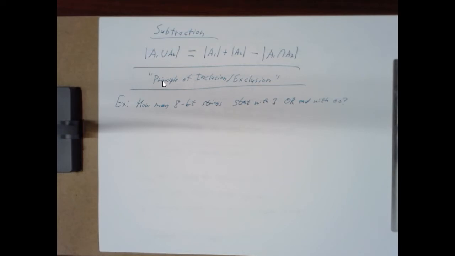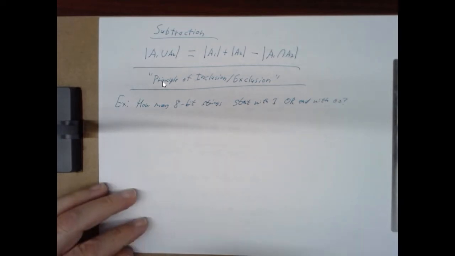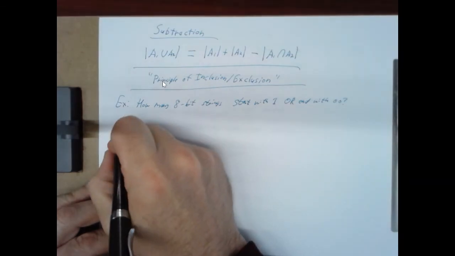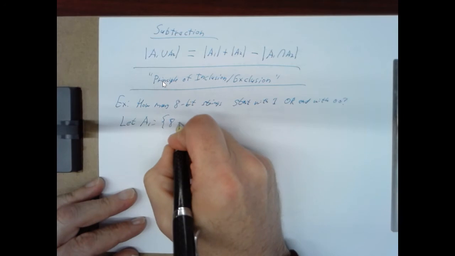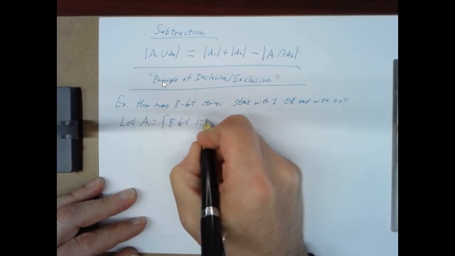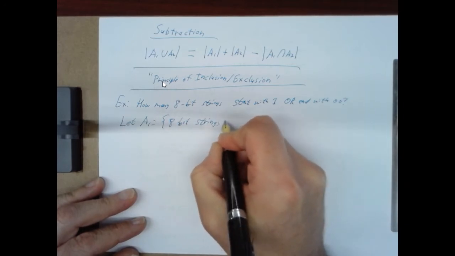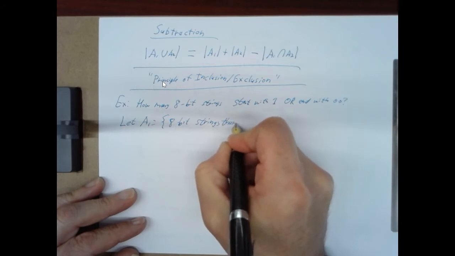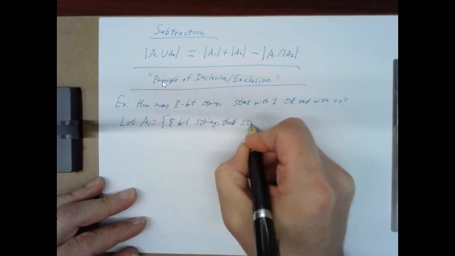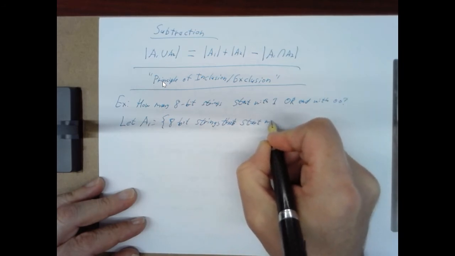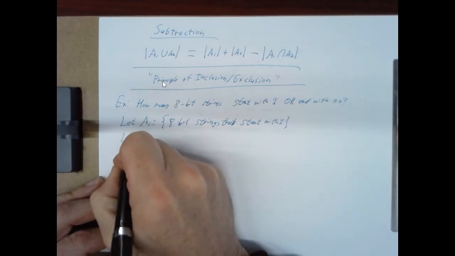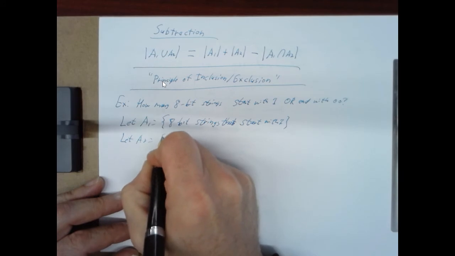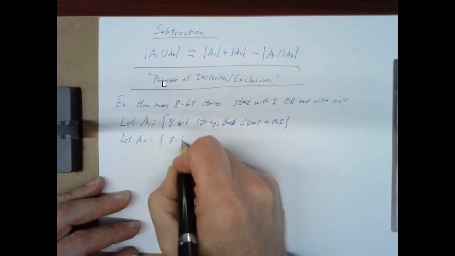And we can use this principle of inclusion exclusion and do this pretty painlessly. So let A1 equal the set of all 8-bit strings that start with a 1. And let A2 be the set of 8-bit strings that end with a 0, 0.